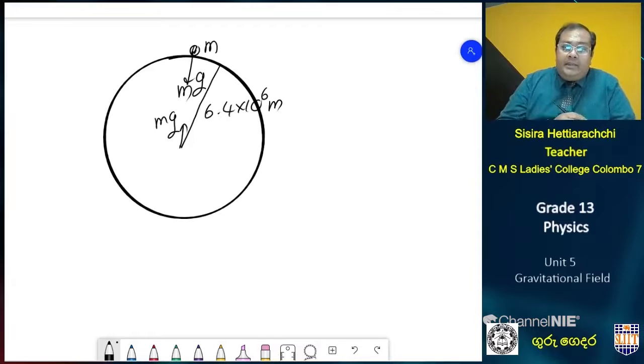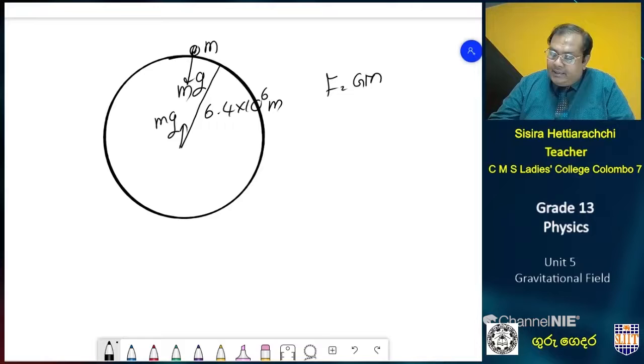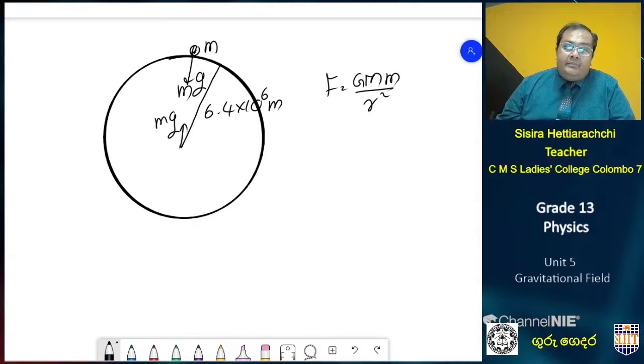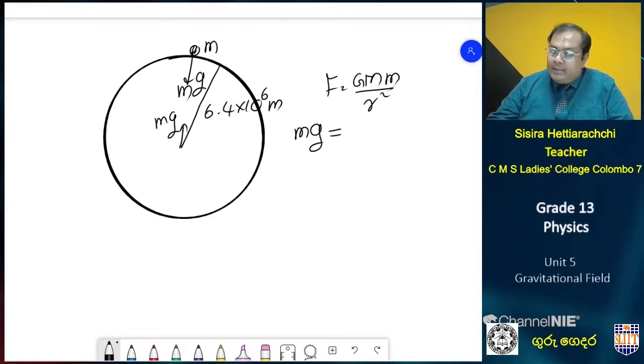Then we can apply the previous equation, F equals G capital M small m over r squared. You can find the mass of the earth because you know F is mg, this attraction. It is equal to G capital M small m over r squared. Small m gets cancelled. Then you have GM equal to gR squared.